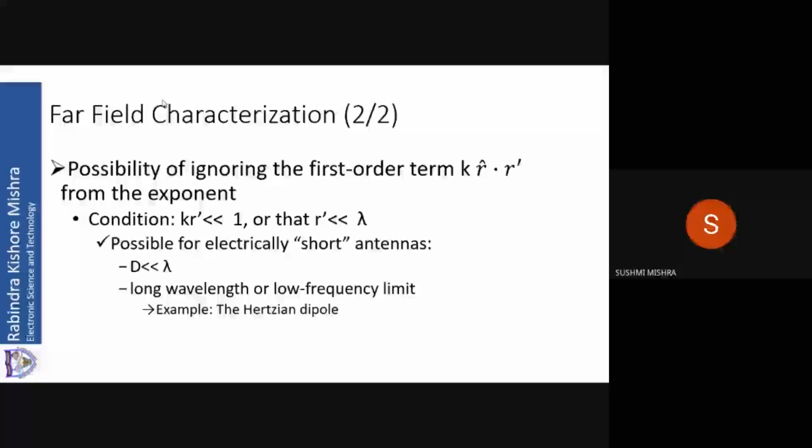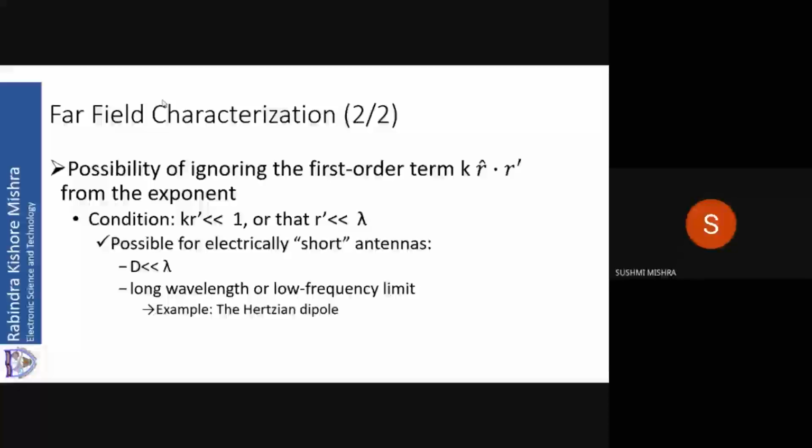An example is the Hertzian dipole that we have considered. We considered it to be a very small dipole, or a very small current carrying conductor or element, which is a separation of two charges q and minus q by a small distance, molecular or atomic distance, which is extremely small.